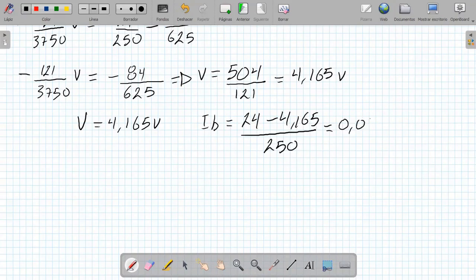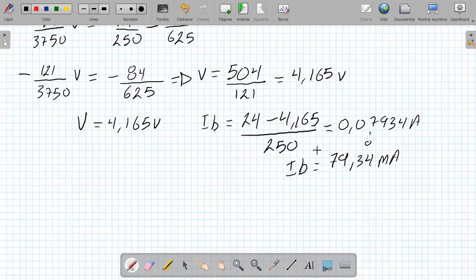In the end this will give me 0.07934 amperes, or 79.34 milliamps. If you multiply this by 1,000 it gives you milliamps, and that's the current IB.